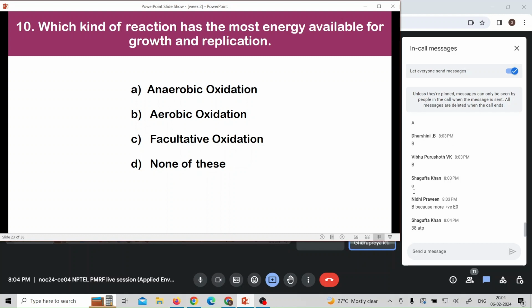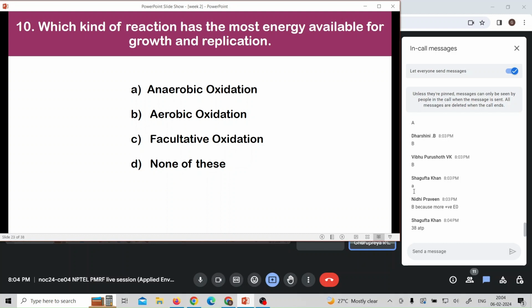See, the answer is aerobic oxidation because in anaerobic oxidation, the energy is not generally available for growth and replication, whereas products are formed there. For example, in environmental remediation we use microorganisms, right? That is what we are studying about, applied environmental microbiology.